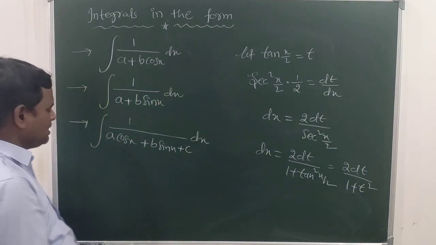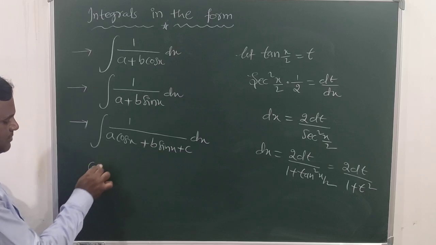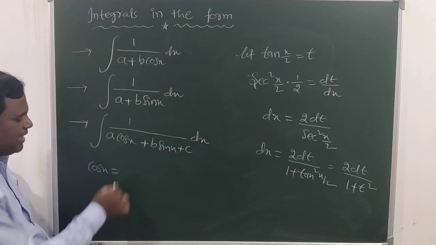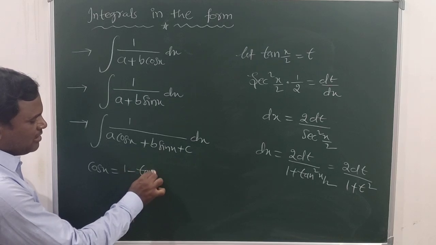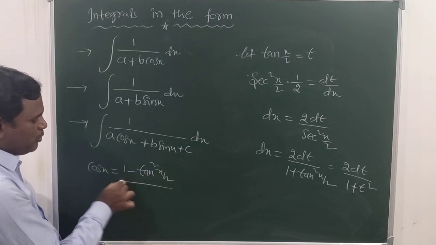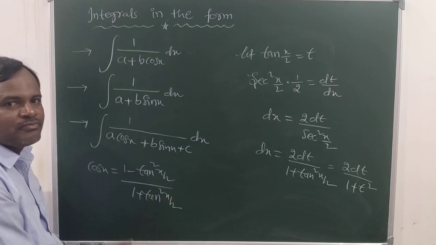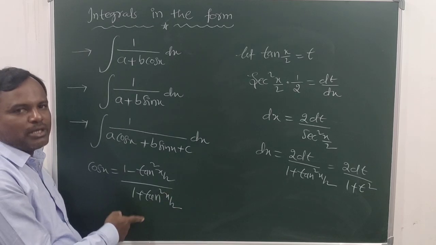And in the place of cos x, I am going to write 1 minus tan square x by 2 by 1 plus tan square x by 2, because here I am using the submultiples formula.